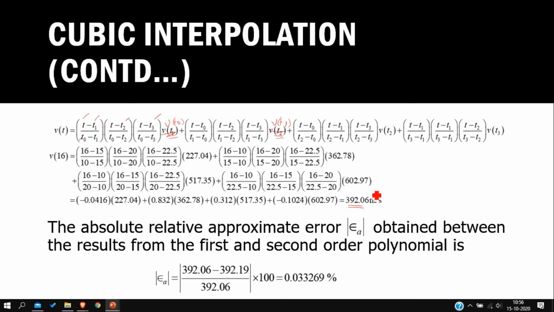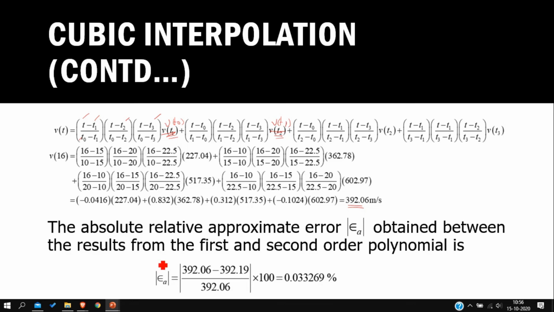If any variation is there, just inform me. Is there any variation, or is this the same value, that is 392.06 or somewhere in that range, 392.1, within that range?